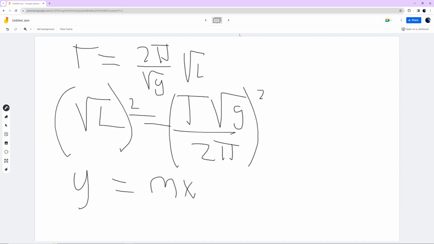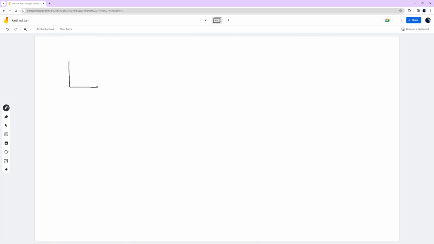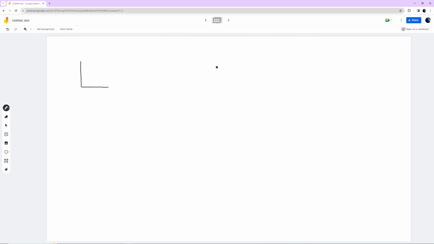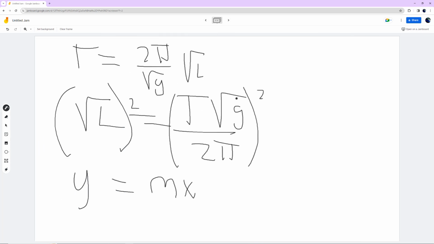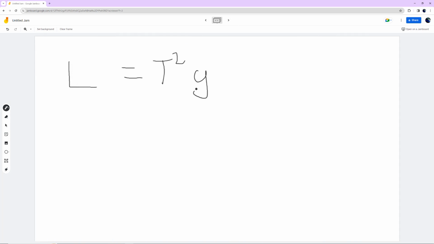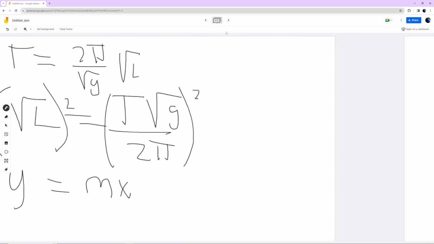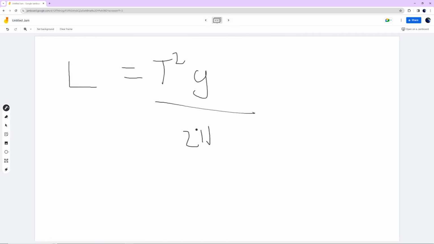Since we're squaring everything, this turns into L, because the square root gets squared, equals T squared, and then root g squared is just g over 2 pi squared, which I'll write as 2 squared pi squared.